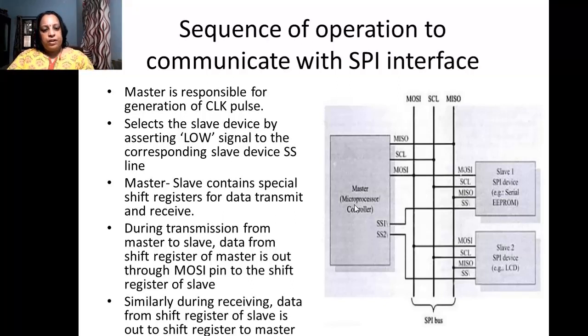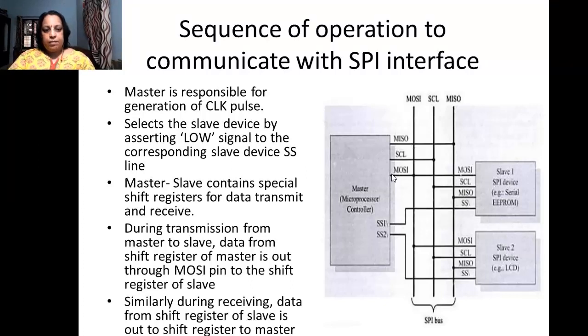There is a shift register in the serial peripheral interface. There is a shift register present in the master as well as the slave devices, and the data transmission occurs in this shift register. Suppose we want to transmit data from master to slave, then the data present in the shift register of the master is sent across to the shift register of the slave through the line.